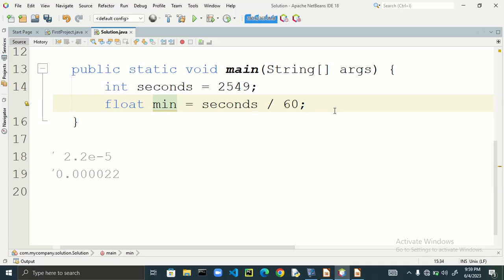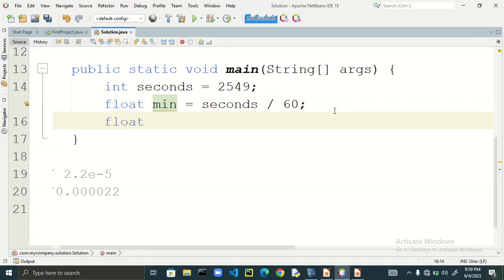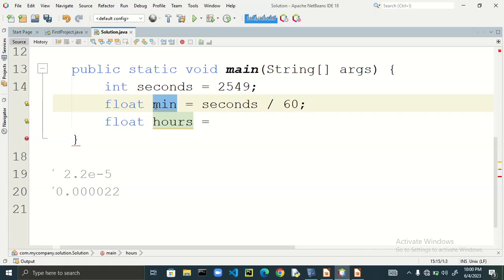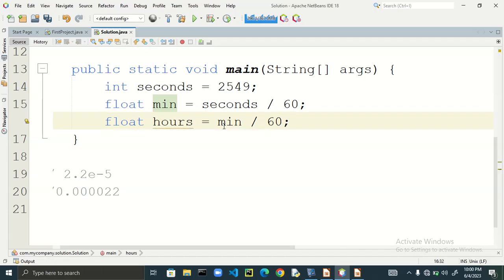Now to get the value of our hours, if it's up to hours, let's say hours is going to be equal to, now we would still divide this minute again by 60, and that would give us our value. So min slash 60 here.